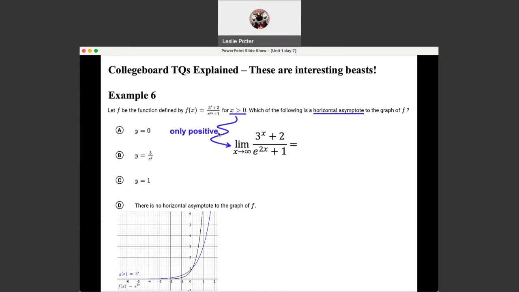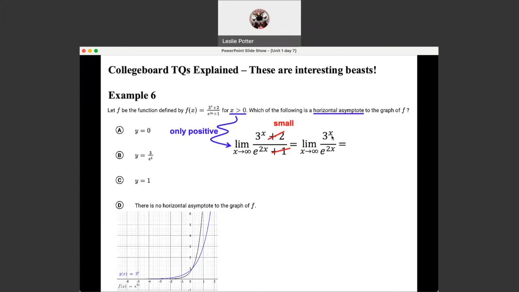Only positive, so we're just going to do the limit as x approaches infinity. So for positive values of x, these both get big relative to the values of 2 and 1. So those things are small. We're going to get rid of those, and we're going to rewrite it, excluding the insignificant terms. And again, that's not canceling; they're just going to go away.